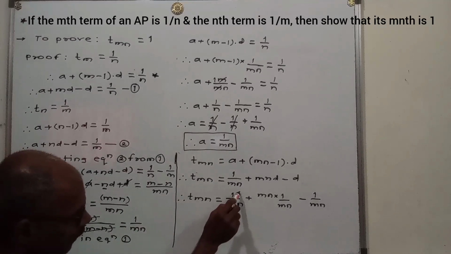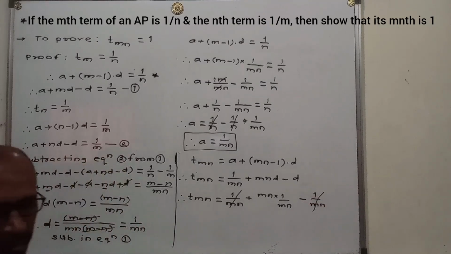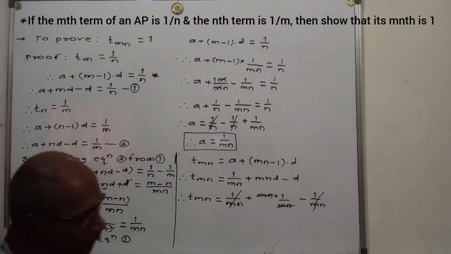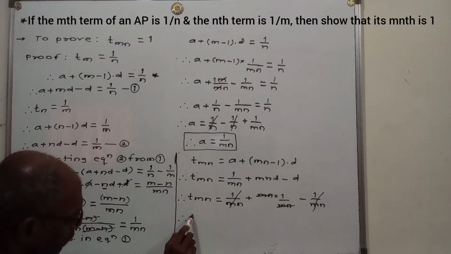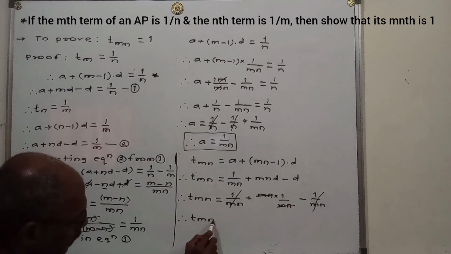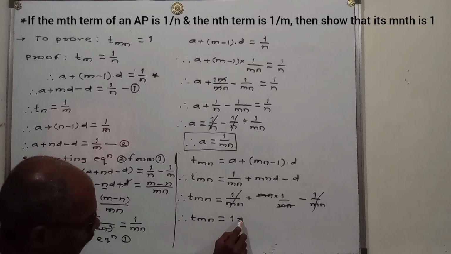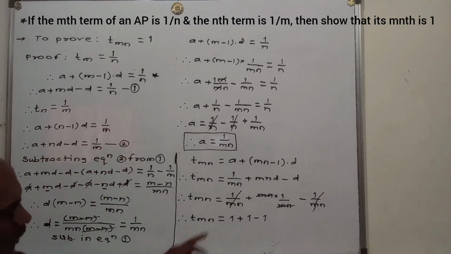See this, numerator and denominator mn cancelled. Now therefore, T_mn is equal to 1 plus 1 minus 1.